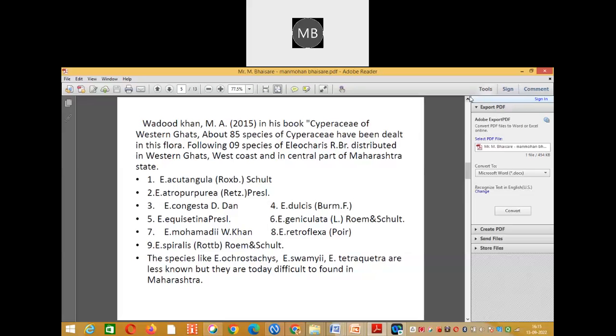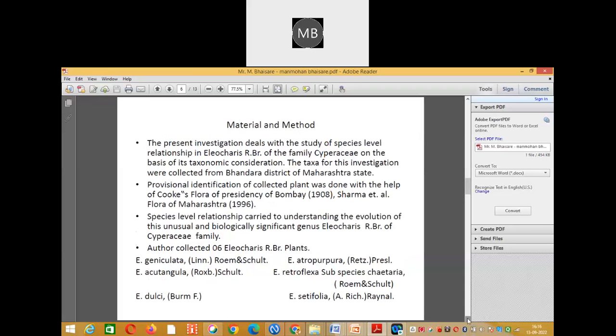One is Eleocharis acutangula, second is Eleocharis atropurpurea, third is Eleocharis congesta, fourth is Eleocharis dulcis, fifth is Eleocharis equisetina, sixth is Eleocharis geniculata, seventh is Eleocharis mohammadi, eighth is Eleocharis retroflexa, and ninth is Eleocharis pellucida. Other species like Eleocharis ochrostachys, Eleocharis swamii, and Eleocharis tetraquetra are less known, and today are difficult to find in Maharashtra.